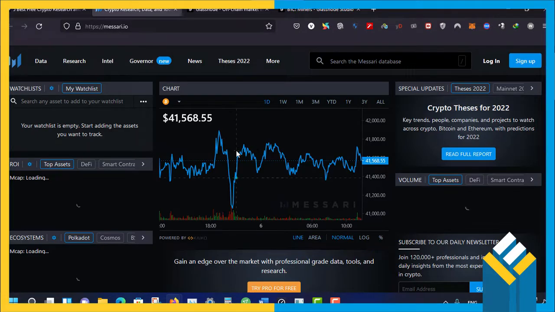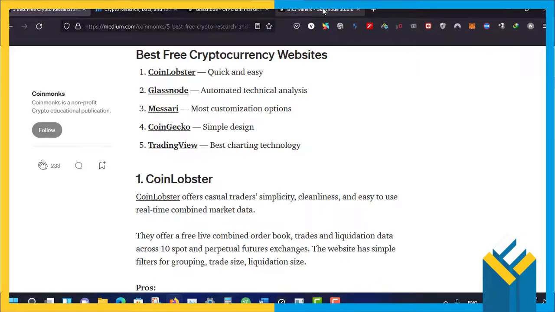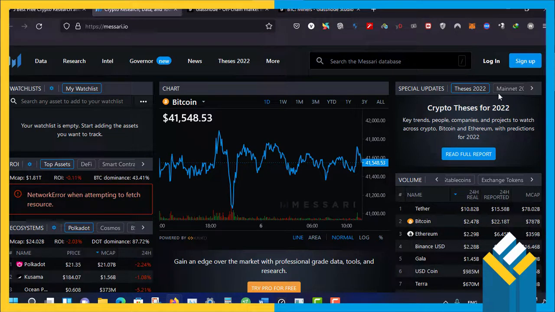And again, it has charts, it has, for example, top assets, top DeFi's, smart contracts, something like the Glassnode or the CoinLobster, about the currencies and exchange tokens.